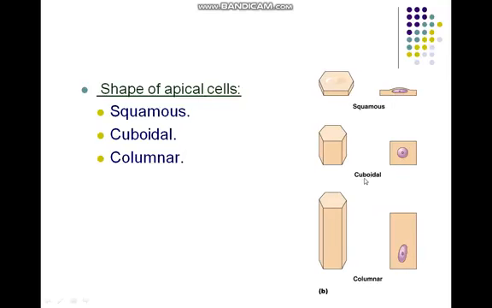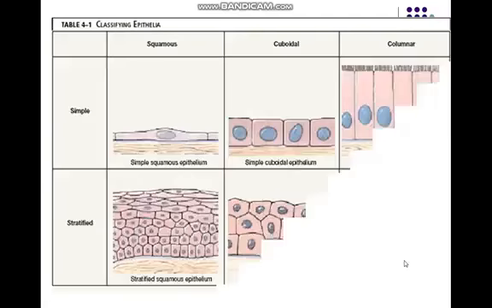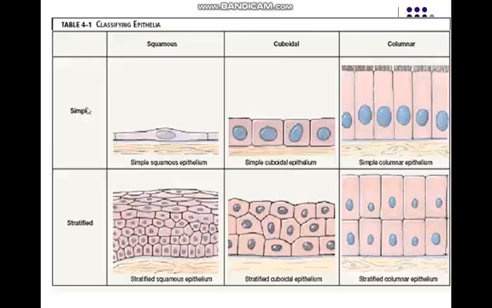If it's equal in dimensions, it's called cuboidal, and if it's elongated, it's called columnar, and here they differ in the shape of the nucleus within the cell. So we have simple and stratified, and the classification depends on the shape of the cells in their apical row.